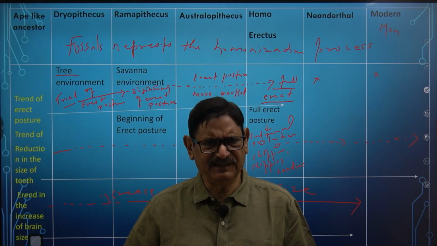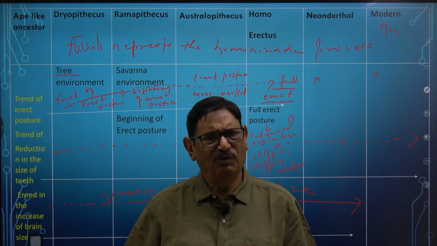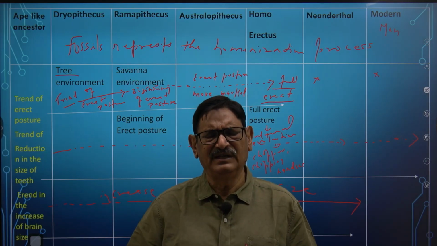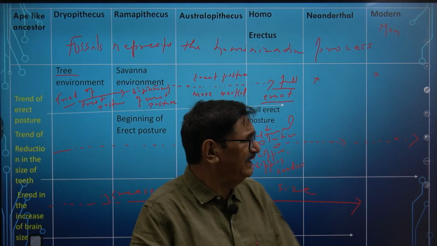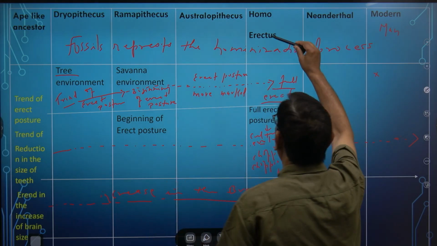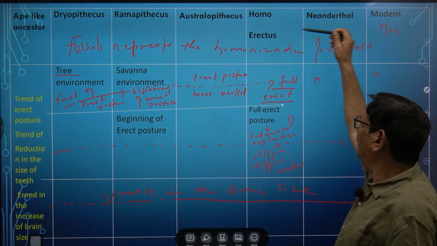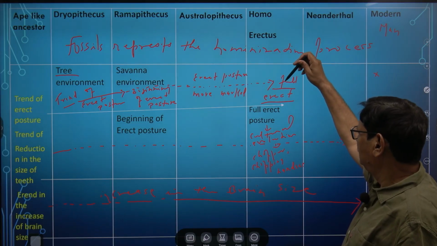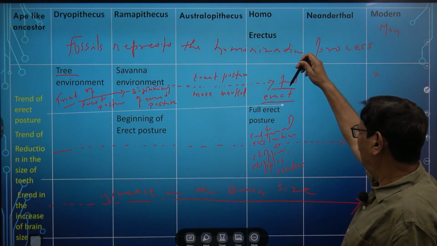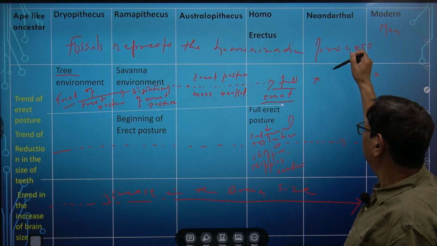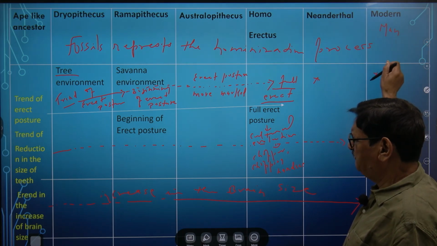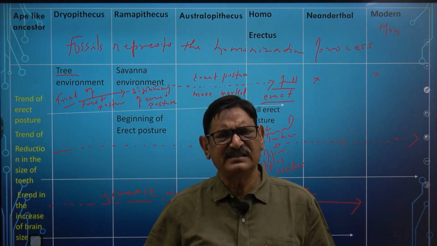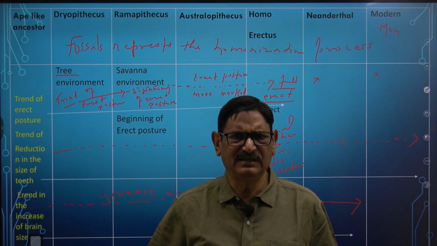So these are the features common in Homo erectus and modern man, because there was no change in the features of erect posture in Neanderthal and Homo sapiens. So Homo erectus and Homo sapiens share the features associated with erect posture.